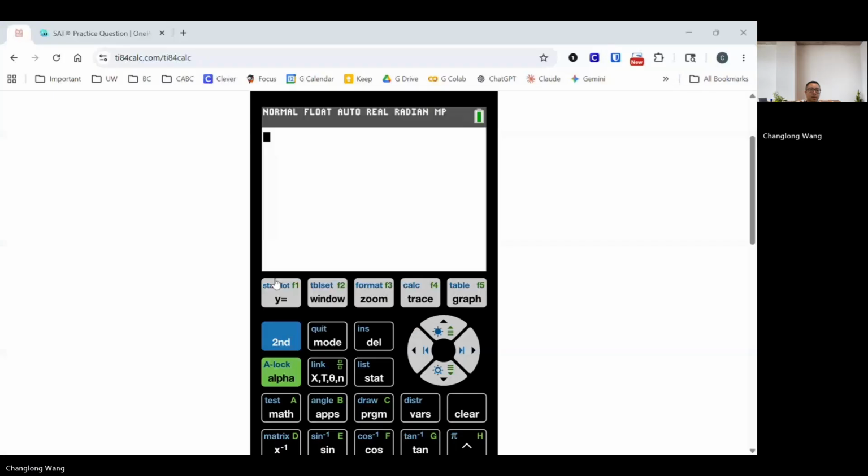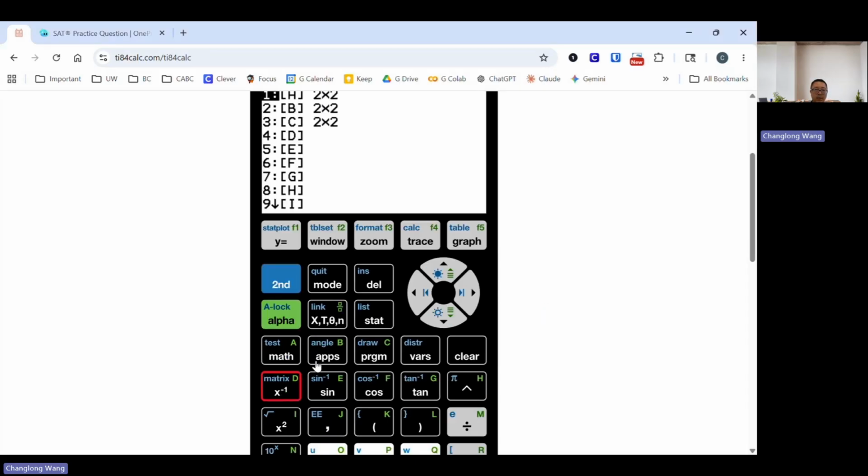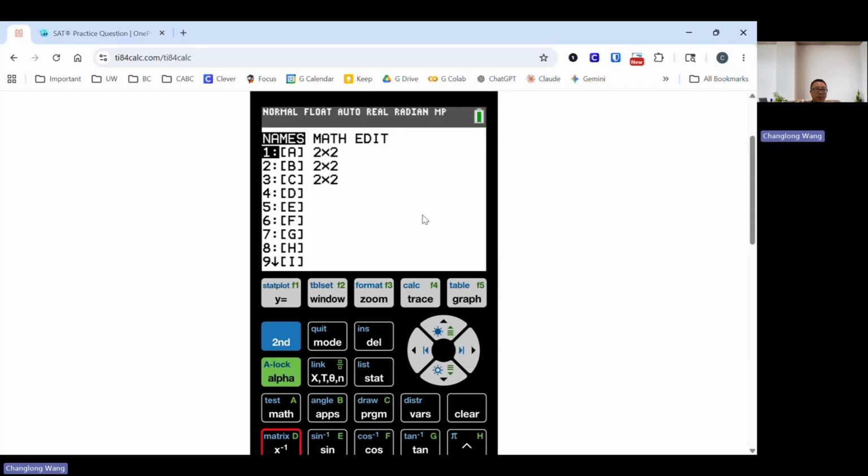There we go. All right, so again, we're going to use the matrix menu. Like I said, the determinant is just a value of the matrix. So go into second matrix, right? So I do have something typed up, but you can go in and change it to whatever you want.